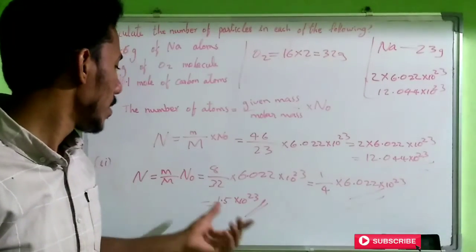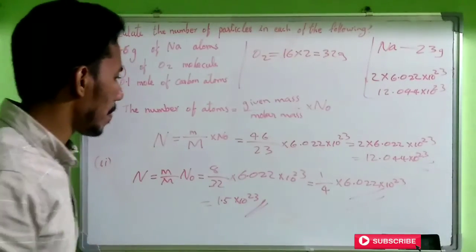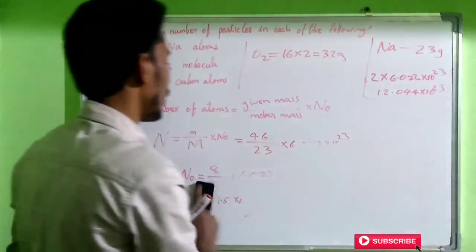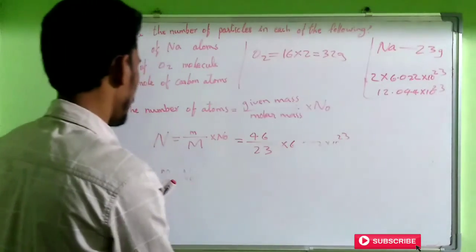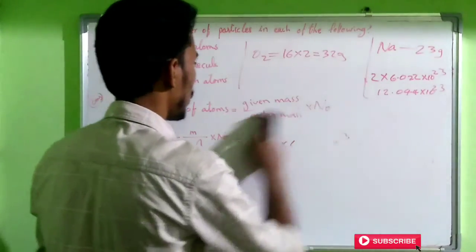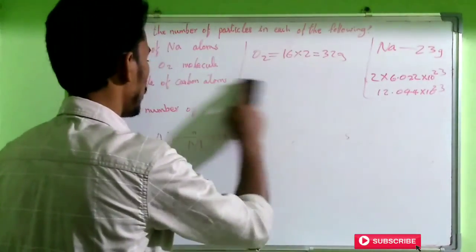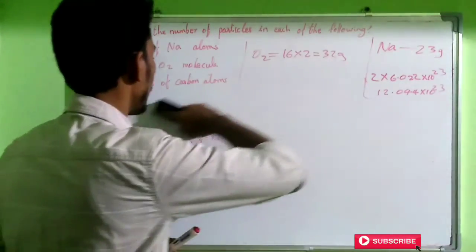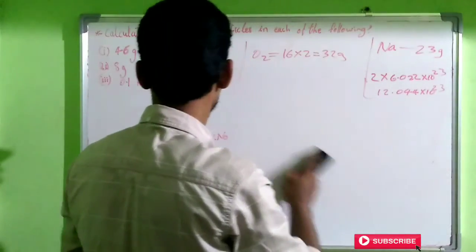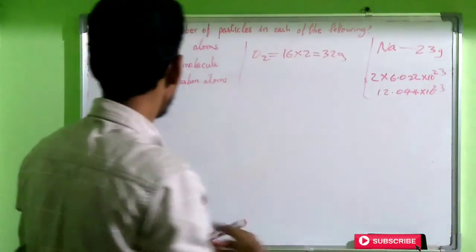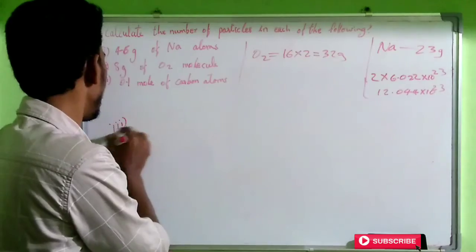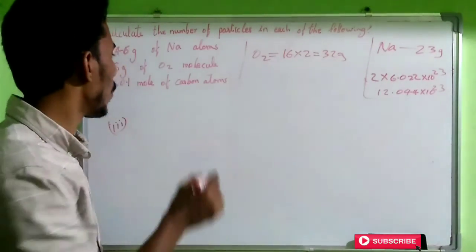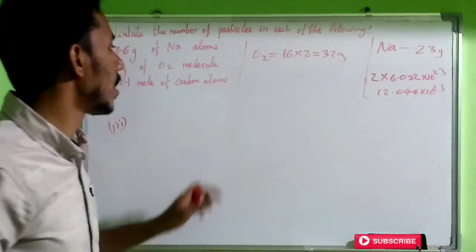Okay, third one. 0.1 mole of carbon atoms.